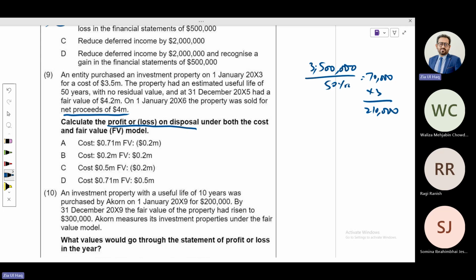Let's consider cost model first. 3.5 million is the cost. Annual depreciation is 70,000.